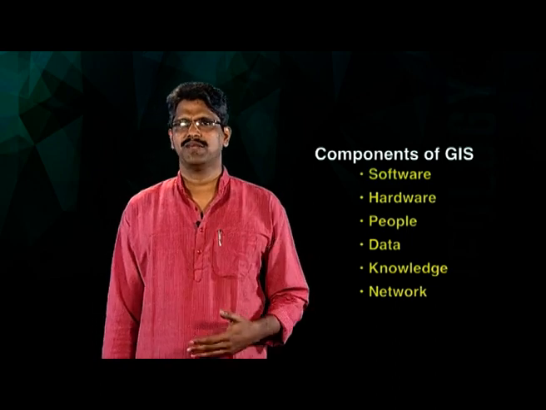When you come to the applications of GIS, there are no areas which are left out, that is, which have no application of GIS. First is data and spatial asset management. Then we can do any kind of analysis, be it science or social science, whatever it is. The only thing is that it should have a spatial component. Then GIS programming in all areas, especially with open source GIS.